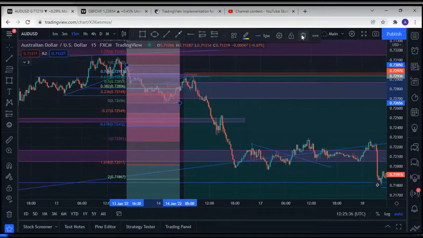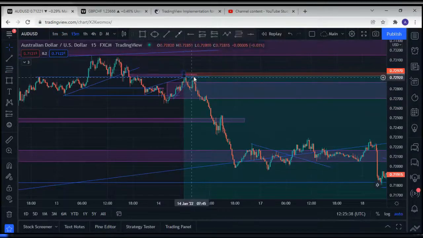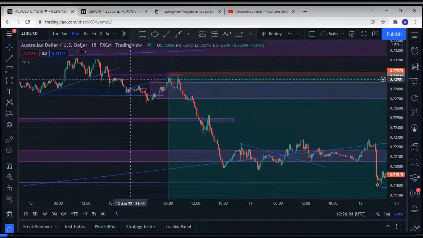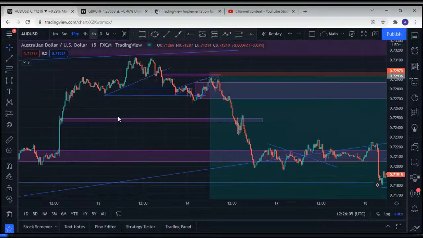As soon as price entered that level, which also overlapped with an order block on the 4 hour time frame, and you can see I also had a wedge pattern here. Price approached this level, broke below it, and came back to retest the lower trend line of this wedge pattern. As soon as that happened, I took my trigger, and the rest is history, like they say.